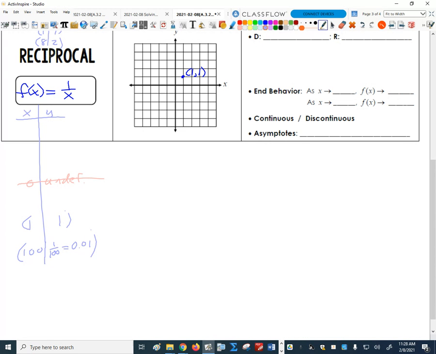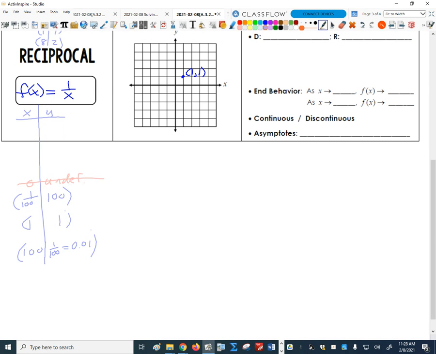That's really small, right? What if I input something really small? Like what if I input 1/100th? What's the output? What's the reciprocal of 1/100th? 100, yeah. So what's this telling me then? If I input a really big x value, the output is a really small y value.